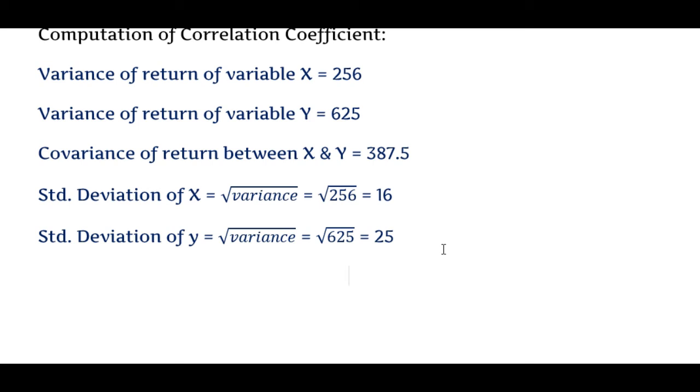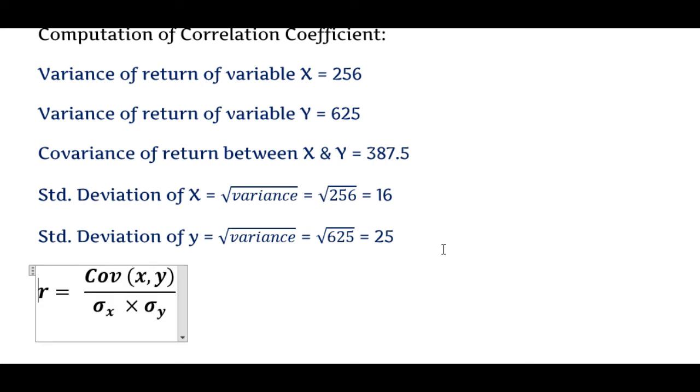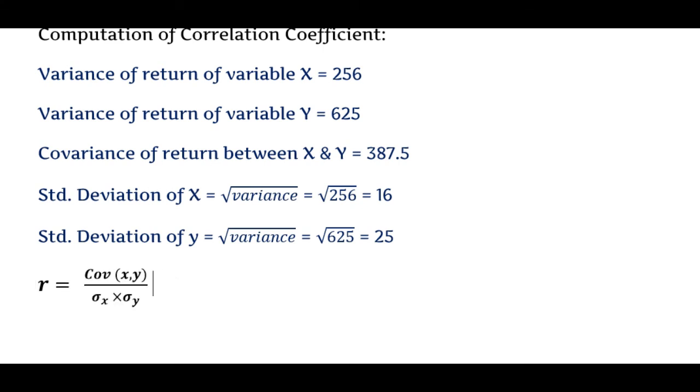So let me use the equation now. The equation to calculate the correlation coefficient is R equal to the covariance of xy divided by the standard deviation of x and the standard deviation of y. I'll substitute the covariance value in the numerator. The covariance value we already know, it is 387.5.